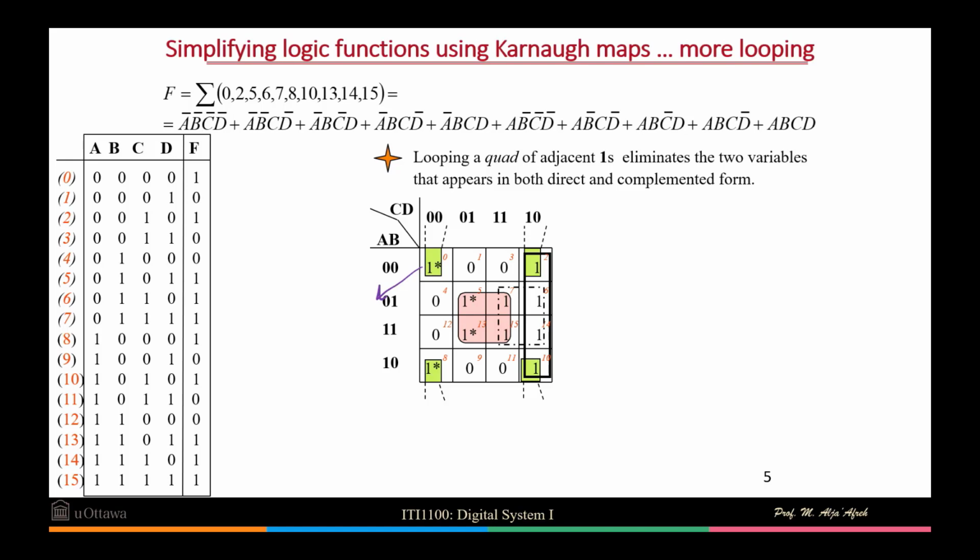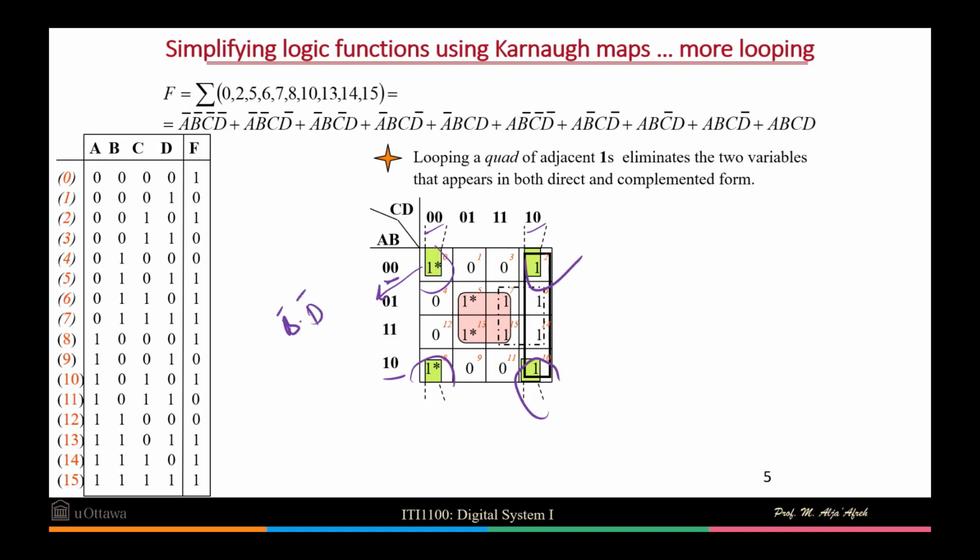In order to get the implicant from these 4s at the corners, what is not changing vertically, from 0, 0 to 1, 0? It's B prime, producted with what's not changing horizontally. Horizontally, I have 0, 0 here and 1, 0, so it's D prime.